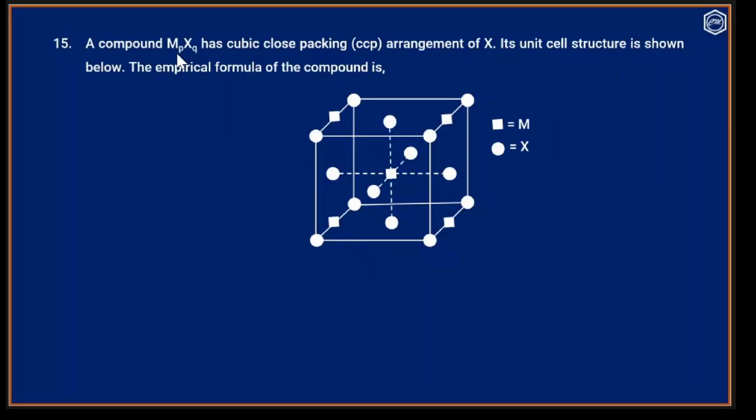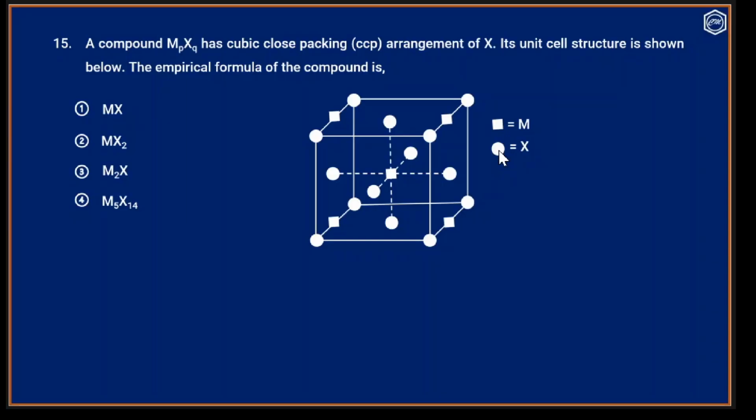A compound MxXy has cubic close packing arrangement of X. Its unit cell structure is shown below. The empirical formula of the compound is: MX, MX2, M2X or M5X14. M atoms are represented by the square and occupy the centers of the edges.